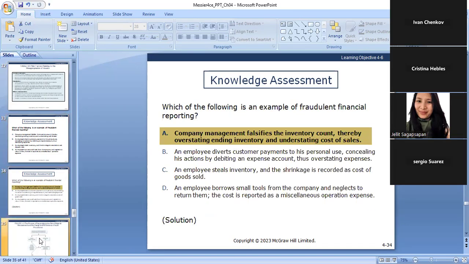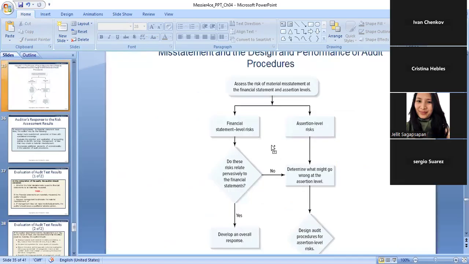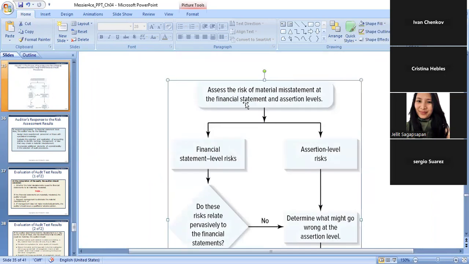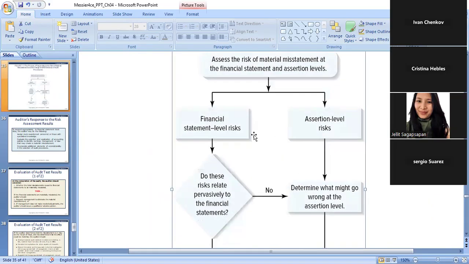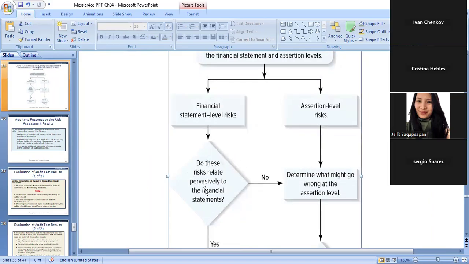That's our solution here. So let's go with the process of responding to the risk of material misstatement and design the process of the audit. What we're going to do first is assess the risk of material misstatement, which is the inherent risk and control risk. Once we do that, we're going to find the financial statement level risk and assertion level risk. Now, financial statement risk: do those risks relate pervasively to the financial statements?